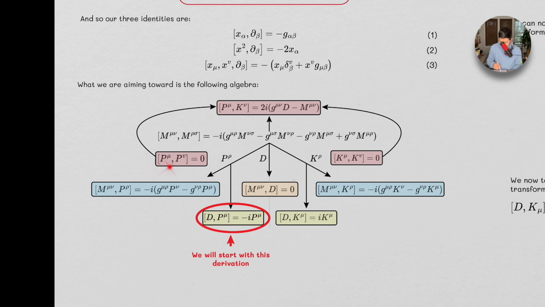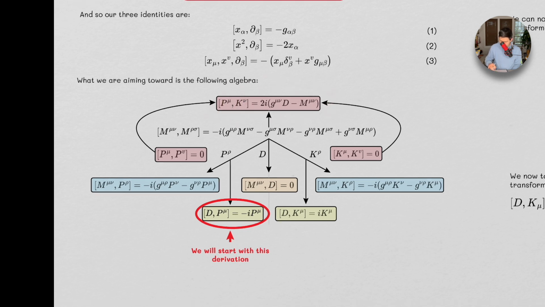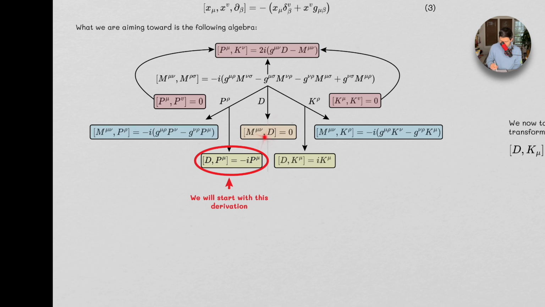Right, so this is an algebra for our translations, an algebra for our special conformal operators. This is the algebra for the translations with the special conformal, and then this is the algebra for our Lorentz operators and our dilation operators.